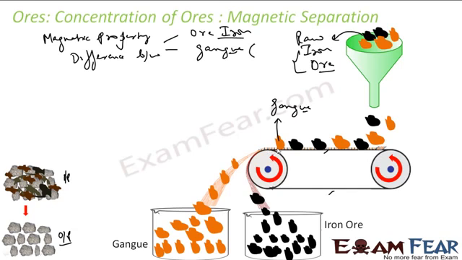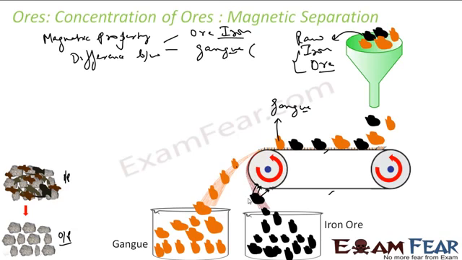So these orange particles, just because of the physics, will be thrown into this bucket. But the black particles, since they are magnetic, are attracted by this belt. Since they're attracted by this belt, they will be collected here, right? For the orange particles, there was no force of attraction between the orange particles and this conveyor belt. So just because of physics, these orange particles went into this bucket.